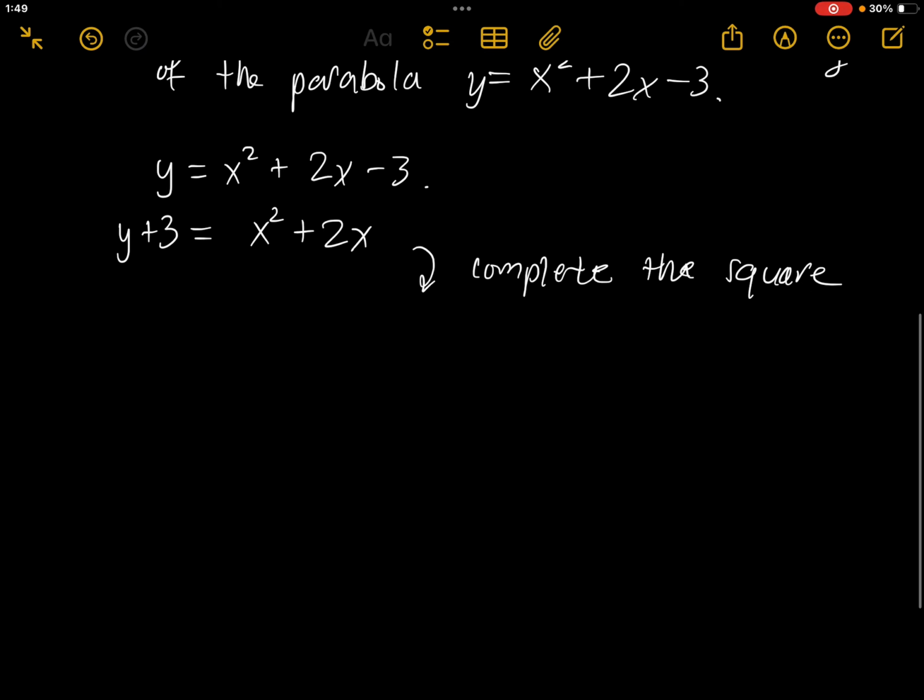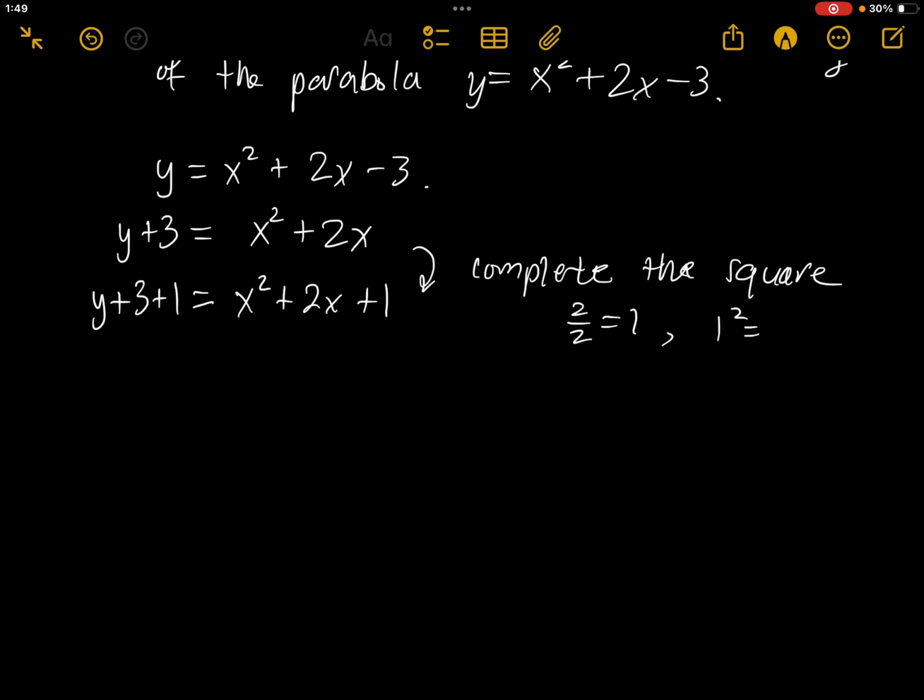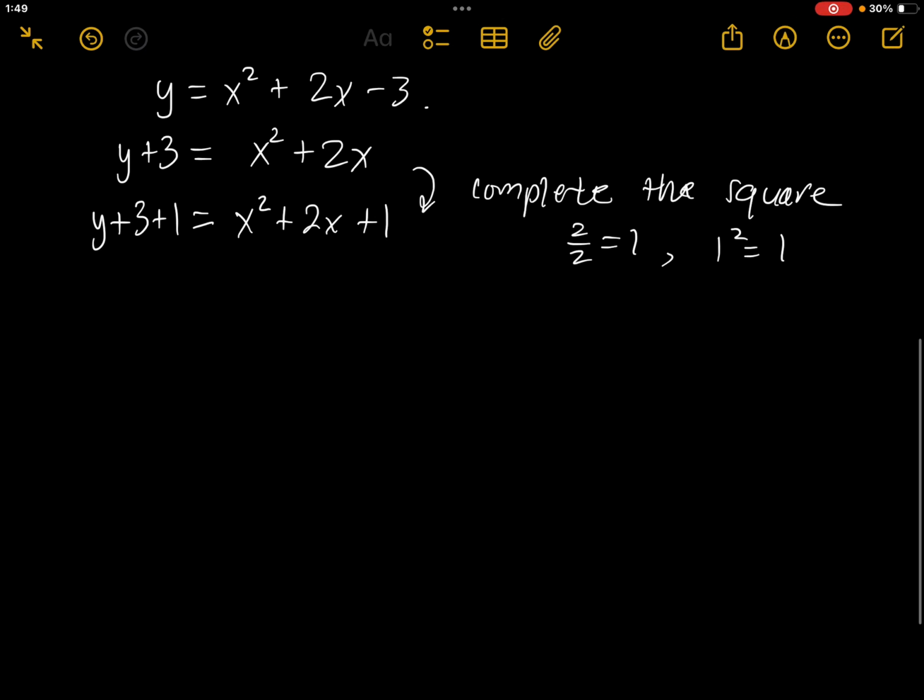Because what do I do? I take half of the coefficient of x and then square it. Well, 2 divided by 2 is 1. 1 squared is 1. So you add 1 to both sides. And so that will give me y plus 4 equals, and then how do I factor x squared plus 2x plus 1?